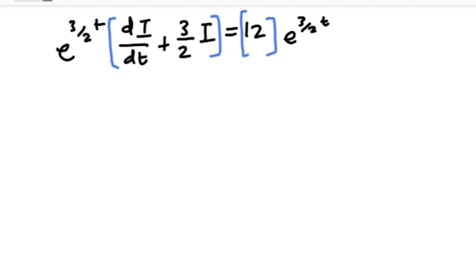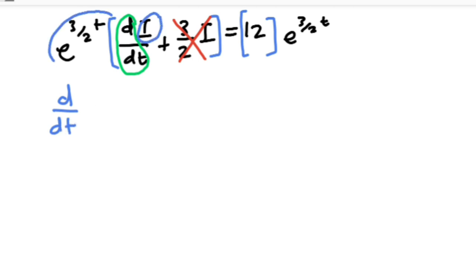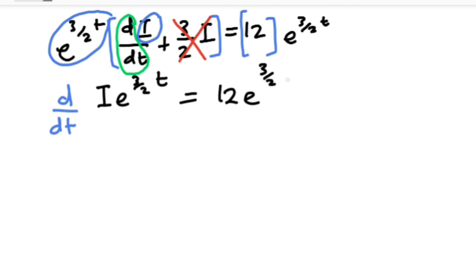For the left hand side, we first write d/dt outside, and then the rest is I and our integrating factor. So we have d/dt of I e^(3/2 t) equals 12 e^(3/2 t).